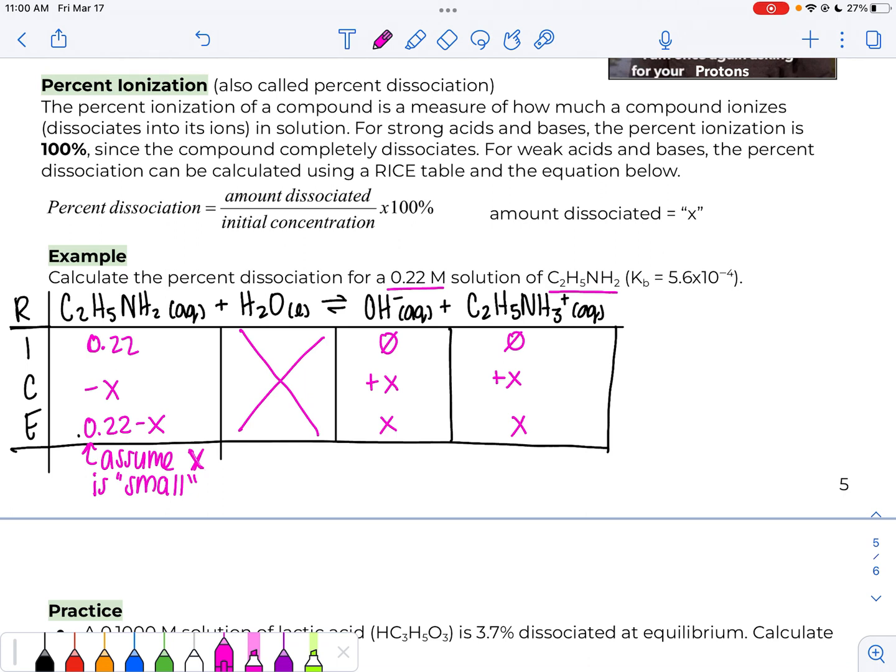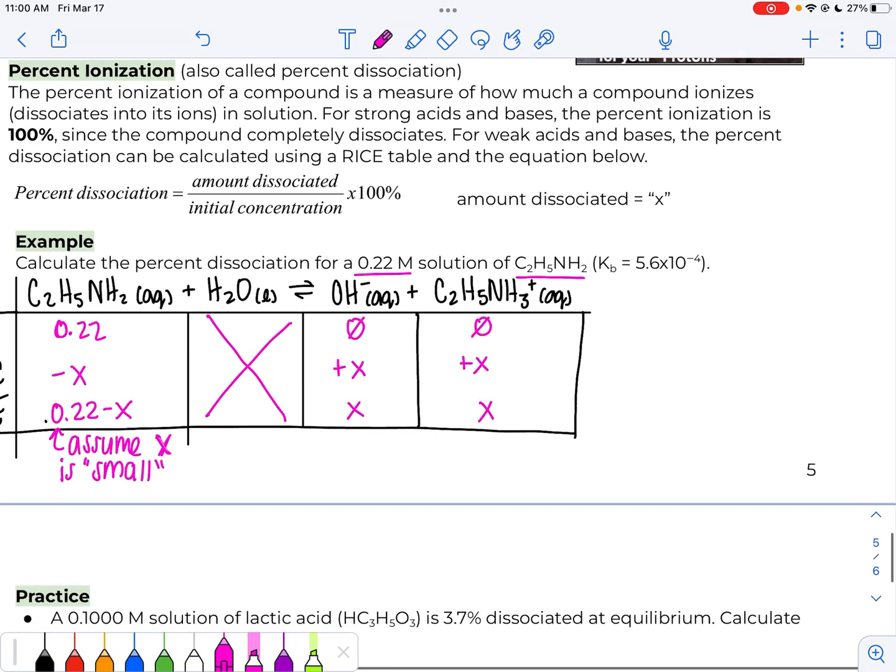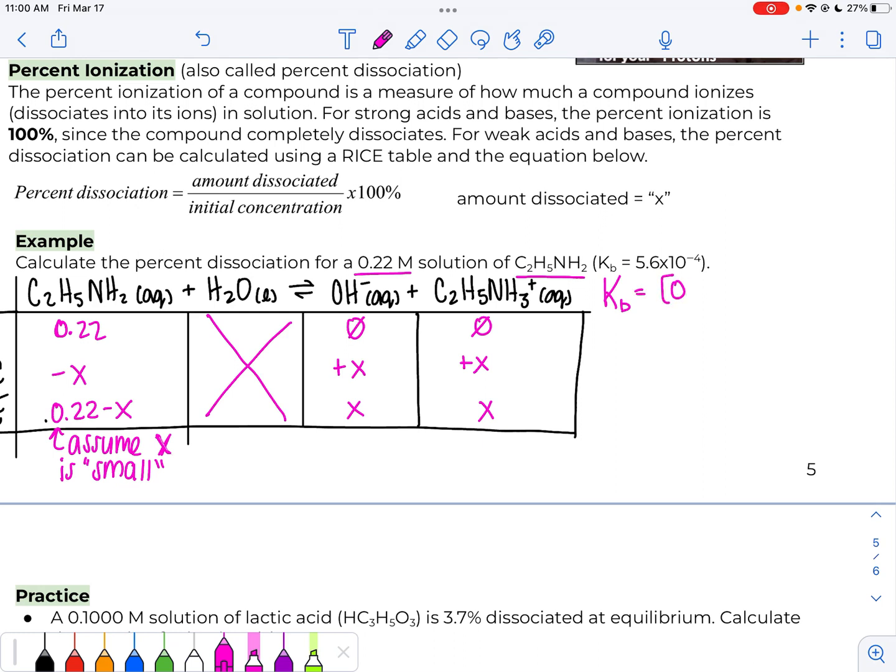Okay, so if we want to find percent dissociation, we've got to start out by finding our X value, how much has changed. So let's write out a Kb, a base ionization constant for this reaction. We have the concentration of our products, OH minus and C2H5NH3 plus, over the concentration of our original base, C2H5NH2.